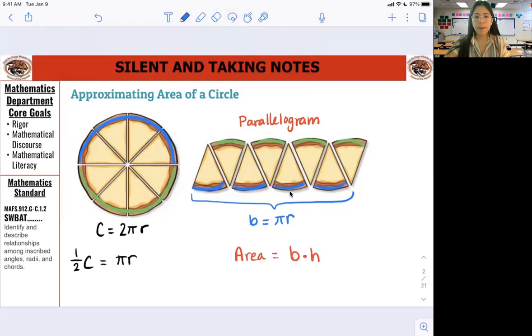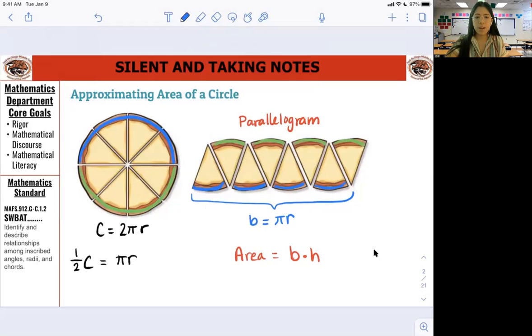So since I have half of the circle represented right here, I have 4 crusts, 1, 2, 3, 4. Half of the crusts are half of the circumference. Questions on that? I'm taking it real slow because I just want to make sure we understand.